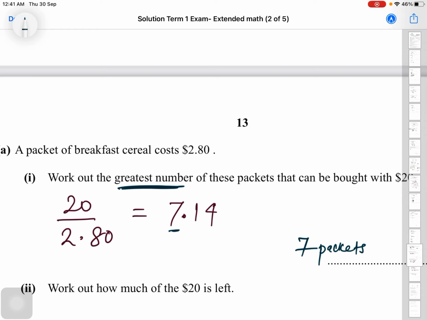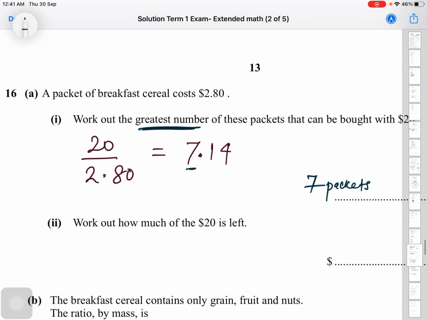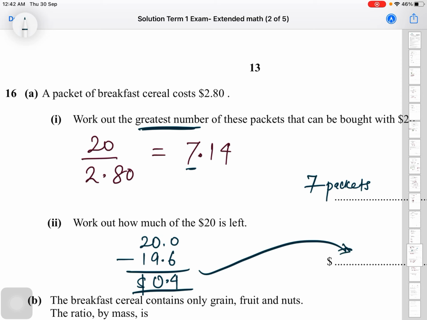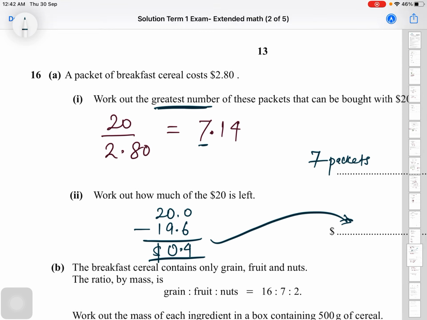So 7 packets each costing 2.8, their total price will be $19.6. So 20 minus 19.6 will be your answer, and that will be 0.4. $0.4 is your answer. You write this answer here in case a physical copy was with you.